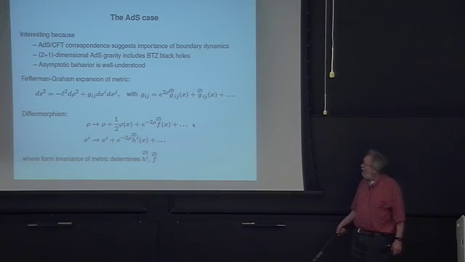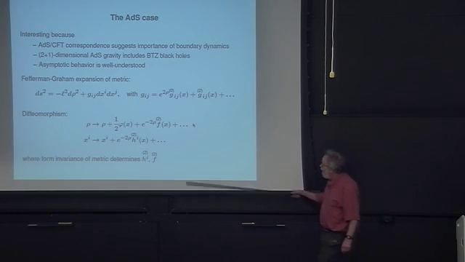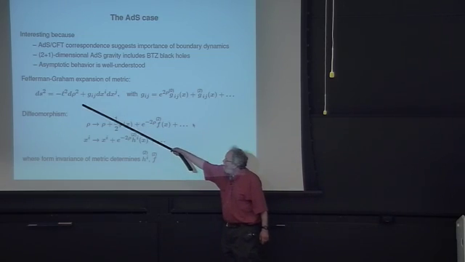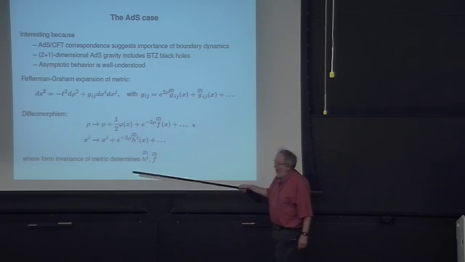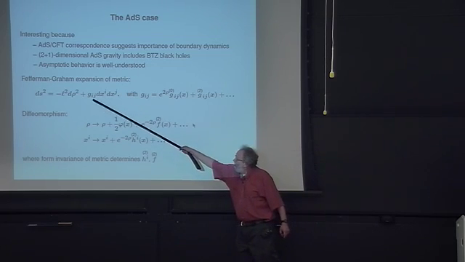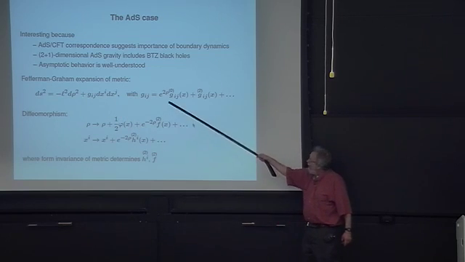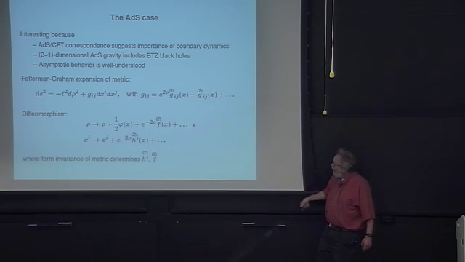So there are old mathematical results of Fefferman and Graham, who show that in any asymptotically anti-de Sitter space, in this case in 3 dimensions, you can expand the metric in terms of a radial coordinate and an angular coordinate and time, which live in this 2-dimensional Lorentzian metric, g_ij, where g_ij has some standard expansion.